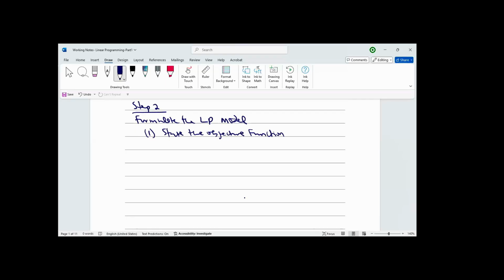How do you state the objective function? You go to the question: what's the objective that the company wants to achieve? Is it to maximize contribution or to minimize cost? If in the question you can see information on selling price and variable cost, it means that you are going to determine contribution, which means the company wants to maximize contribution. At times, the examiner may be straightforward.